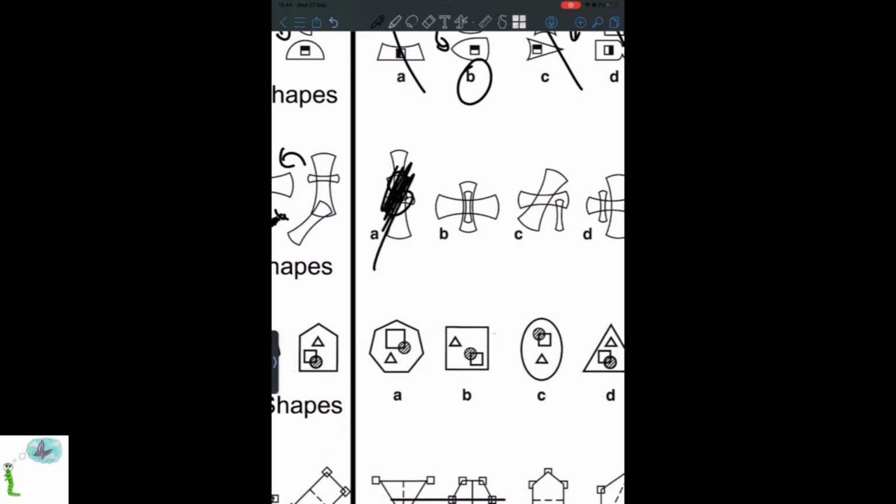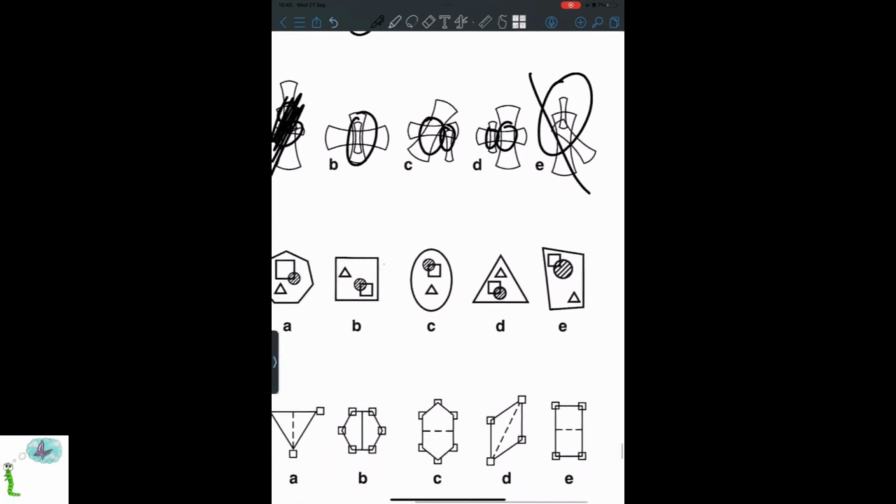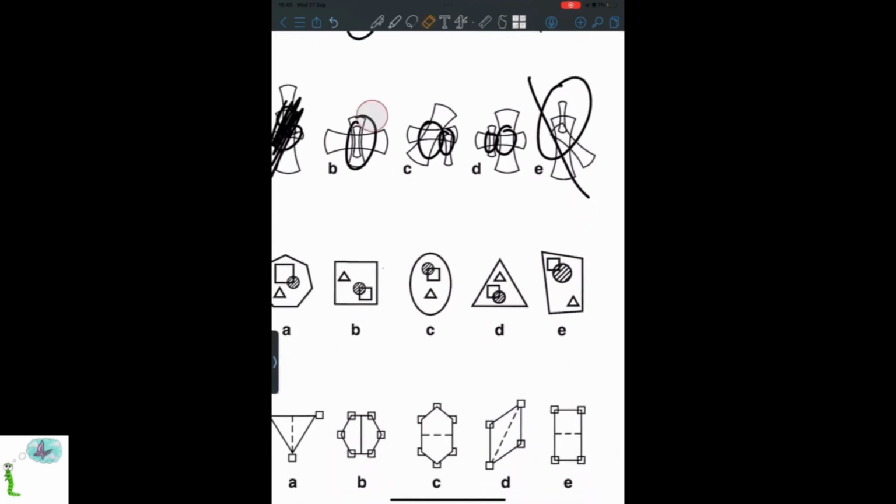So I would cross that out. This already has tons. This has only 2. This has only 2. And this has way too many. So I'd assume it would either be C or D, right?